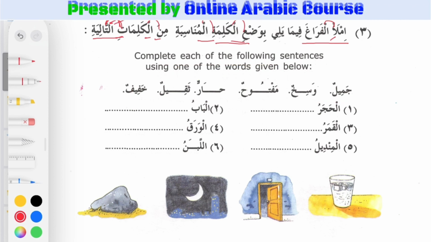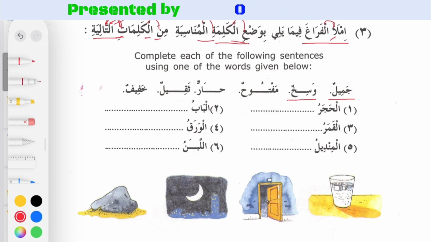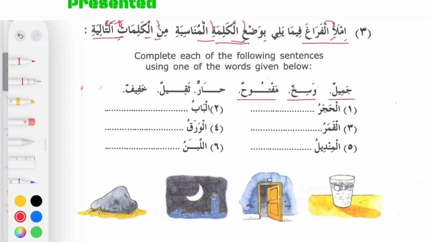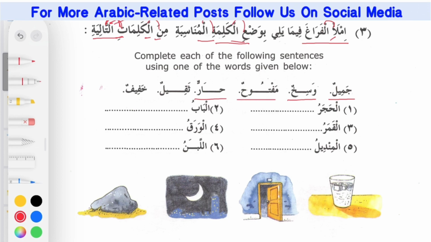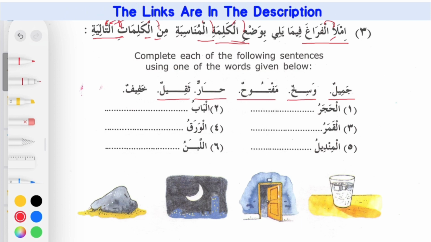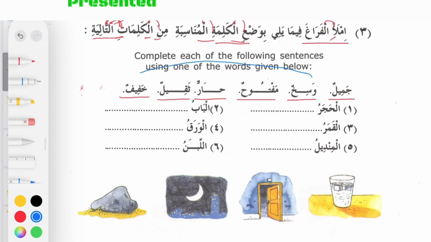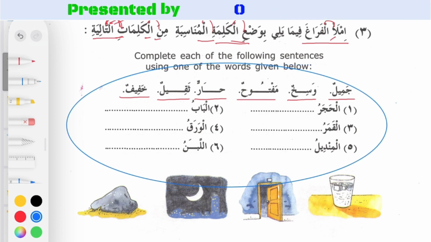The first word is jamilun, beautiful, wasikhun, dirty, maftuhun, open, harun, hot, thaqilun, heavy, khafifun, light. Look at all these incomplete sentences. There are only mubtadas written. We have to write down the khabar in the blank spaces to complete them.